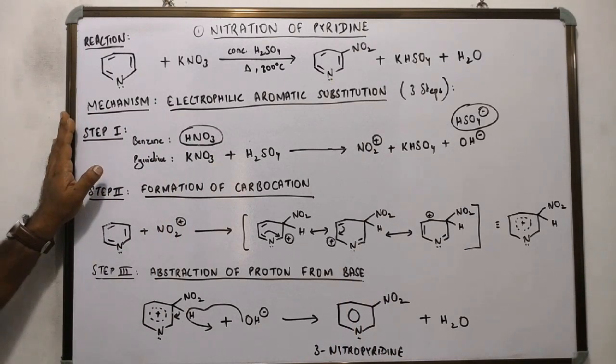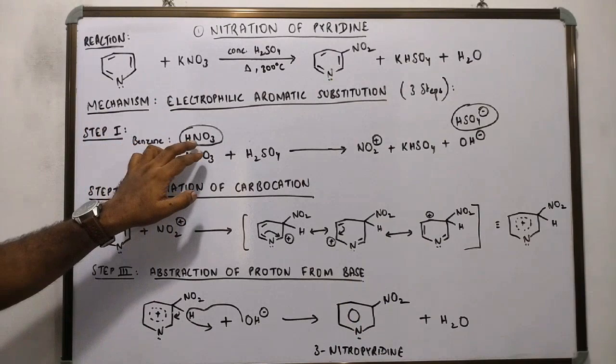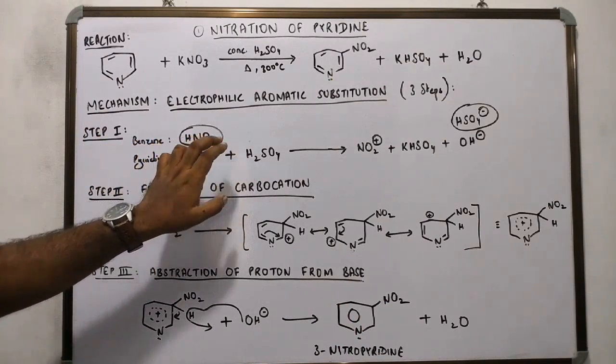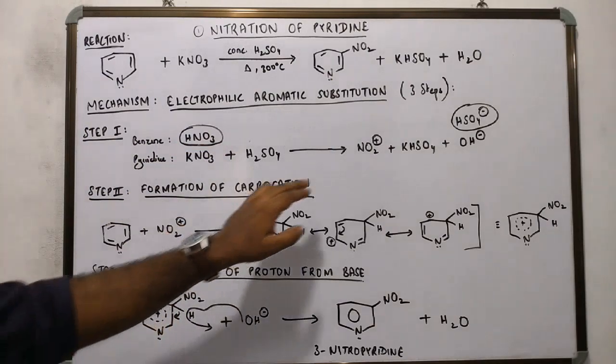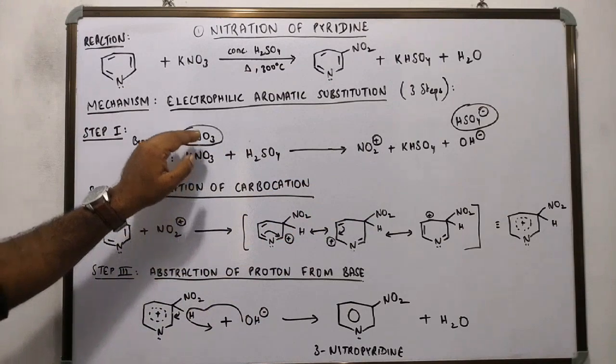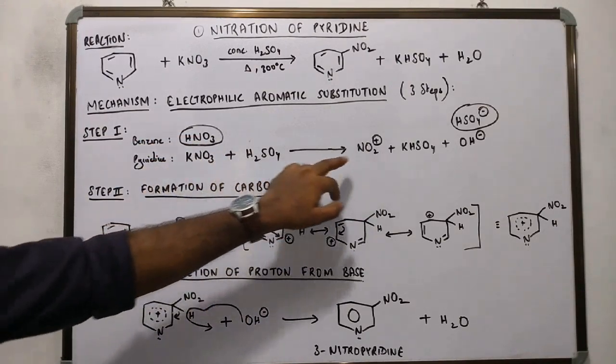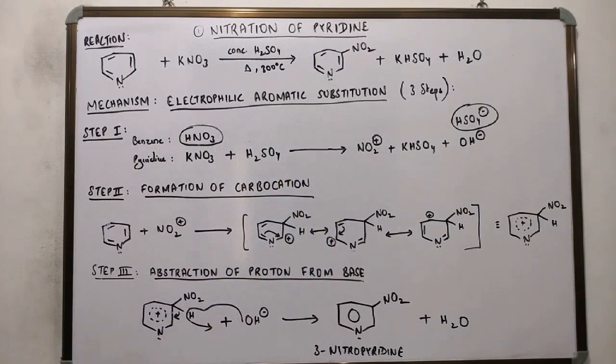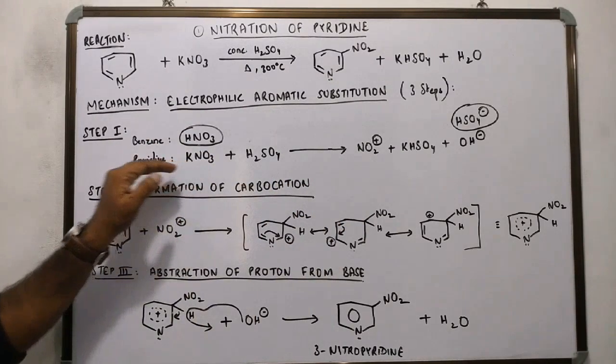Now, usually in benzene, we are using HNO3 and H2SO4 as nitrating mixture, which yields the nitronium ion. Here we have used KNO3 in place of HNO3 to yield the same nitronium ion. But why? Why KNO3 in pyridine?